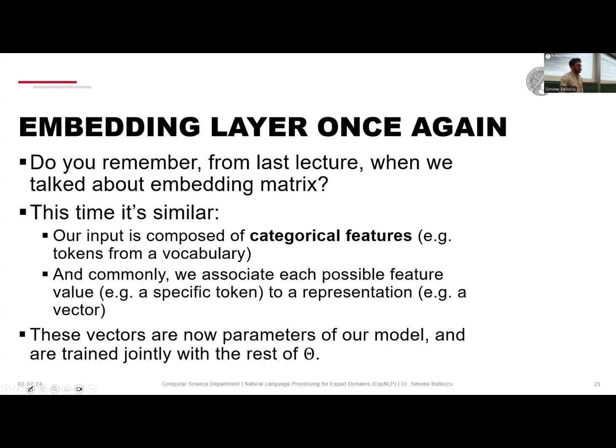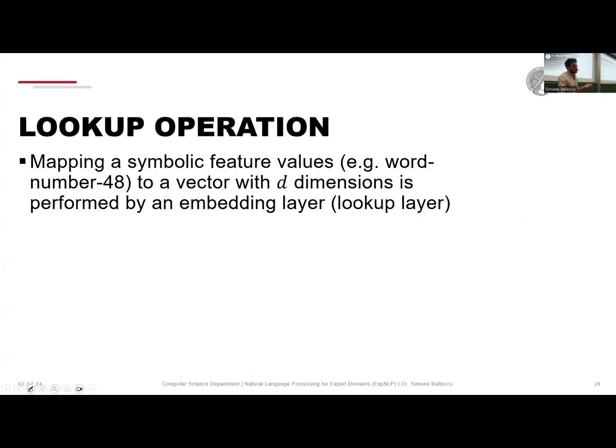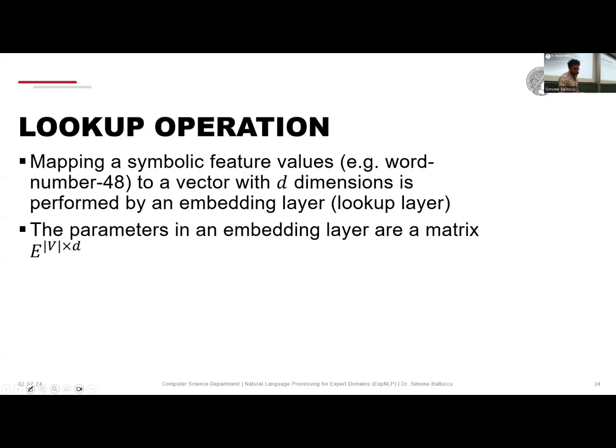So first of all, how do we actually obtain this dense vector? If I have the word cat, I need to get out the vector from it, which is learned during training, but initially it's just random. It doesn't make sense. This is done with a lookup. So basically, you just map the feature to a vector with d dimensions. This is called an embedding layer, but basically it just does a lookup.